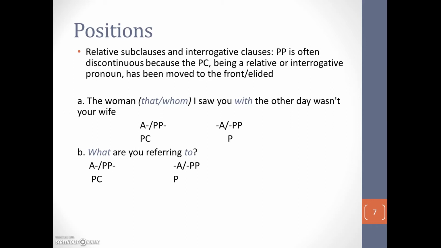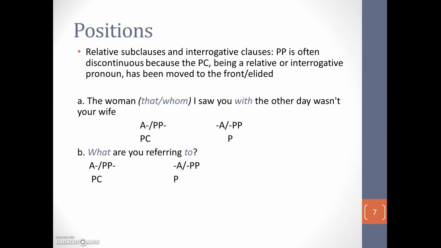A similar thing is in what are you referring to? Because it's an interrogative clause, so whatever it is we don't know in this, you are referring to something, this something is what we don't know. So that is captured by the WH element here, what, and that has then been moved to the front.